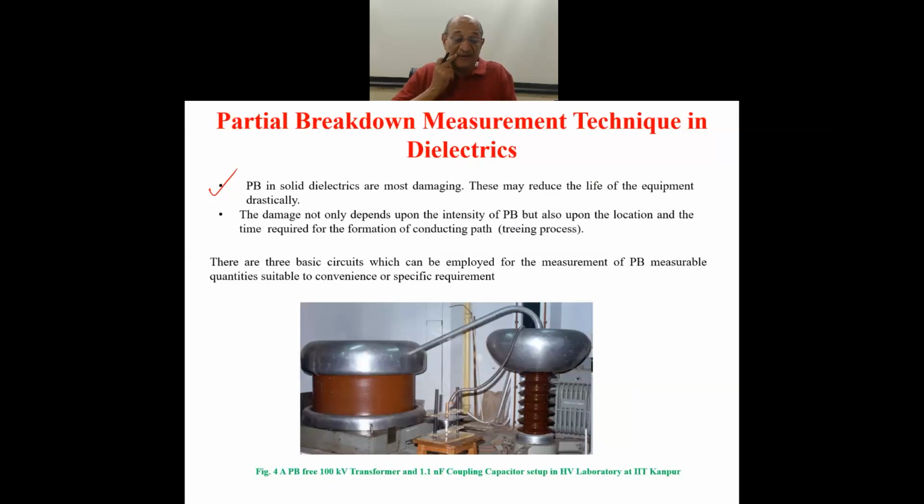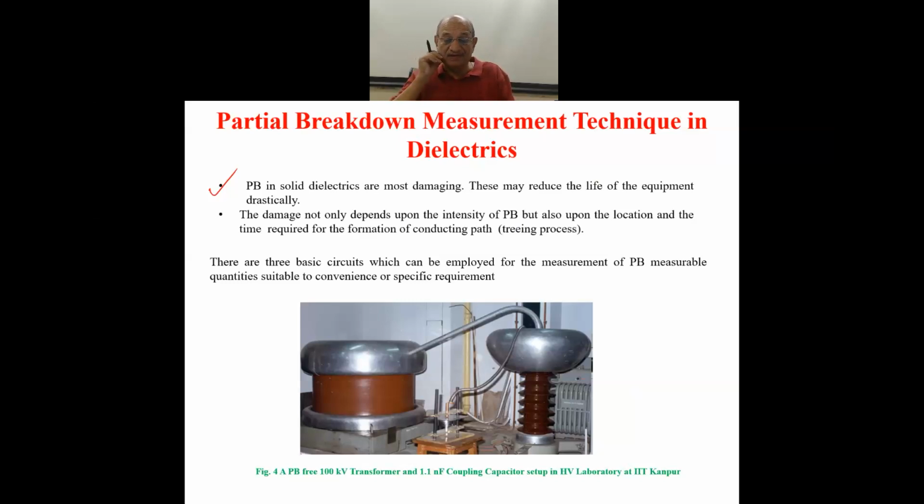The damage not only depends upon the intensity of partial breakdown, but also upon the duration and location of the partial breakdown. At which location the partial breakdown is taking place.